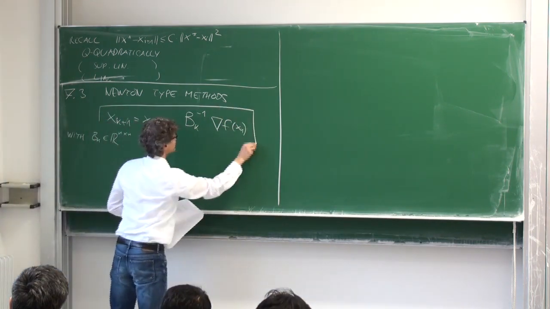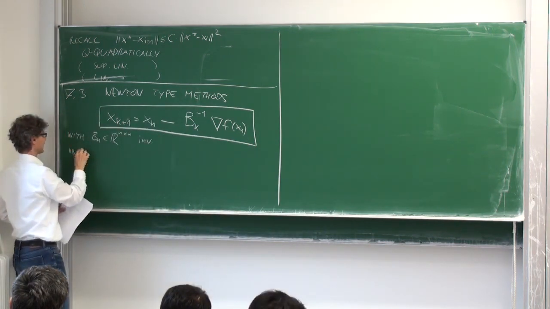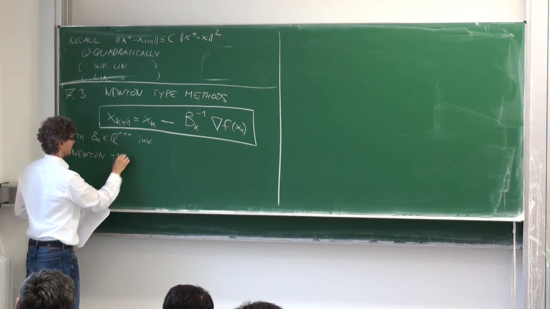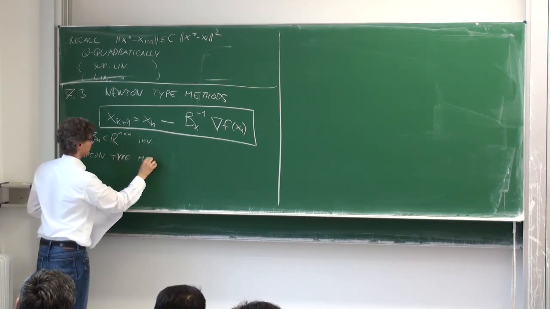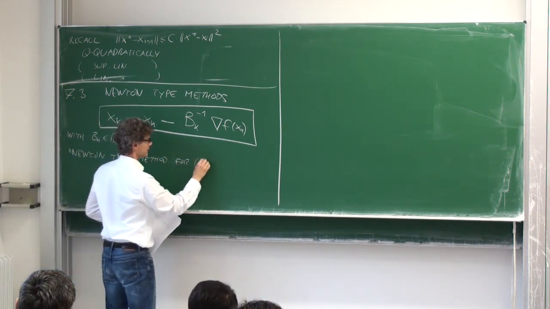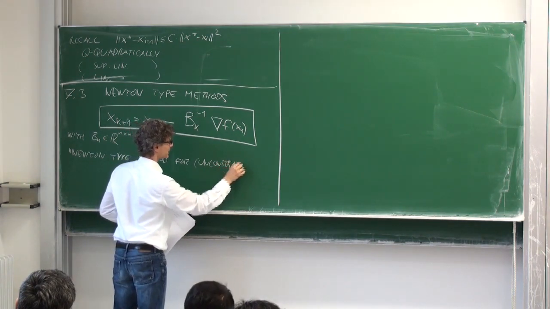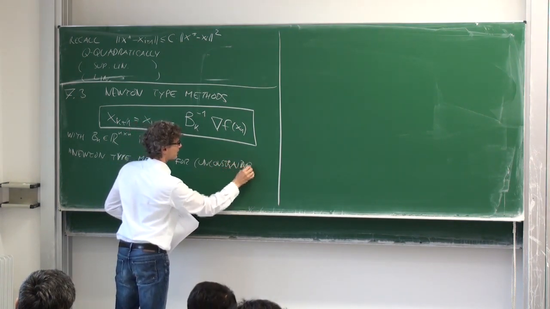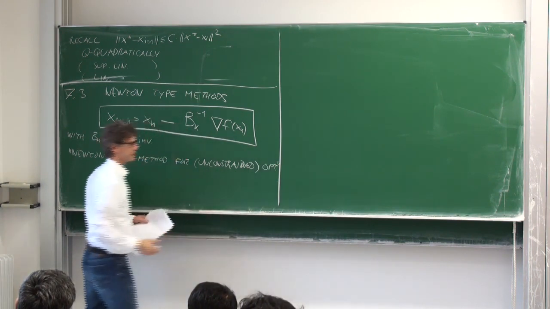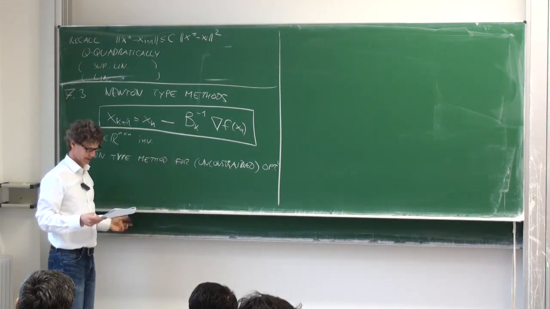Then we call this already a Newton-type method for, I should say, unconstrained optimization. Of course, we are in the part on unconstrained optimization. But that's the name that we give to any method of this form, and we didn't specify now what these matrices are.